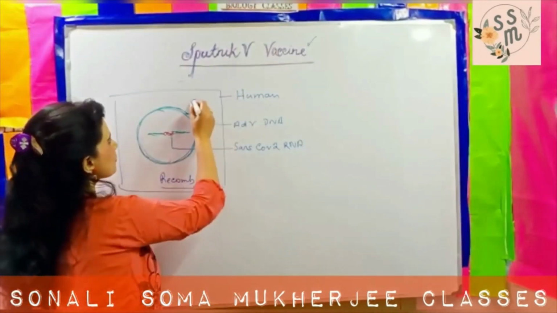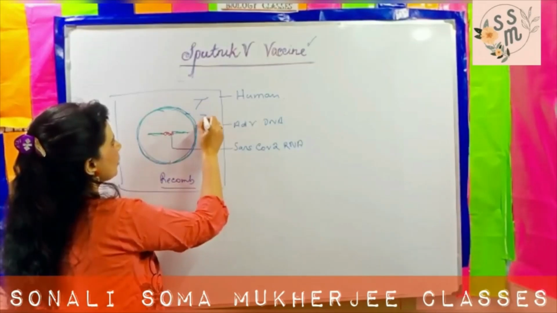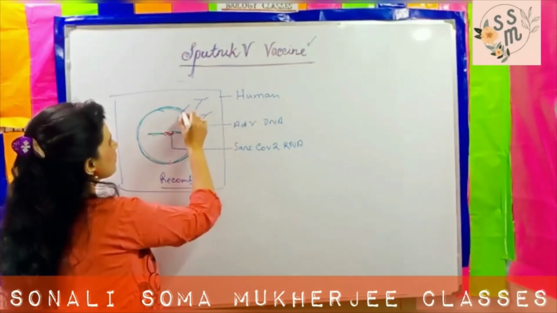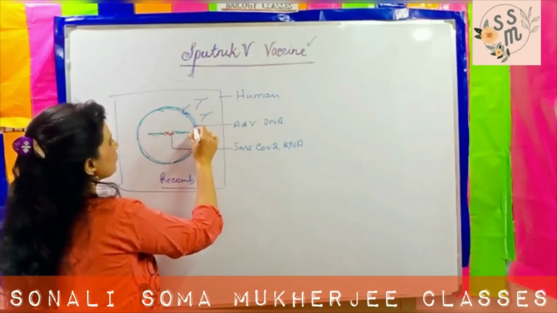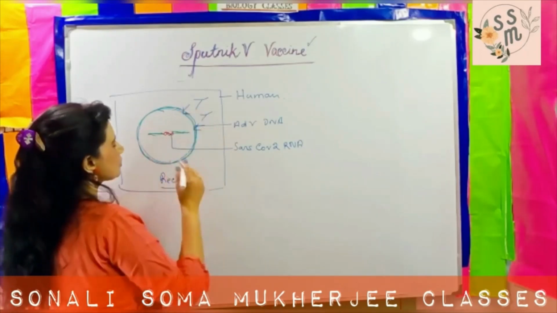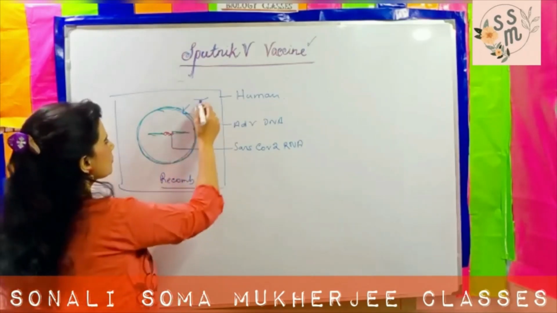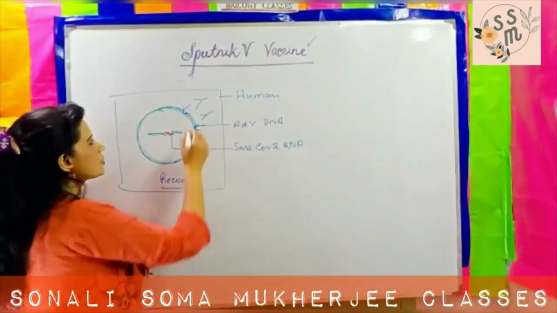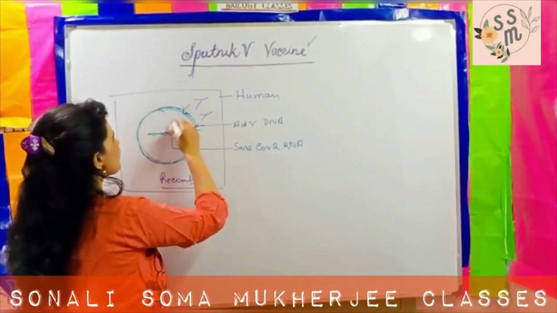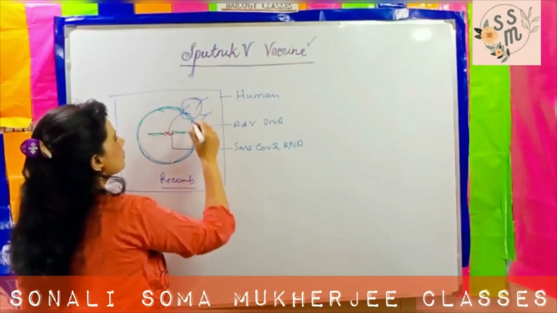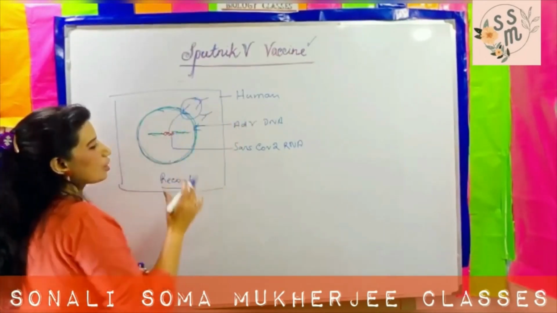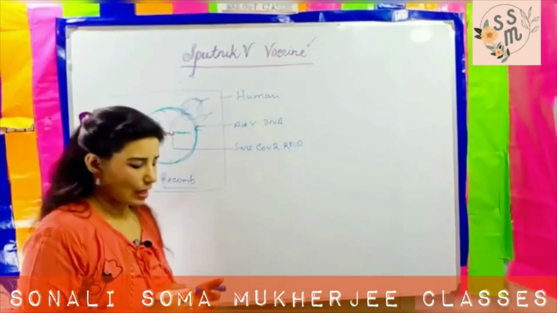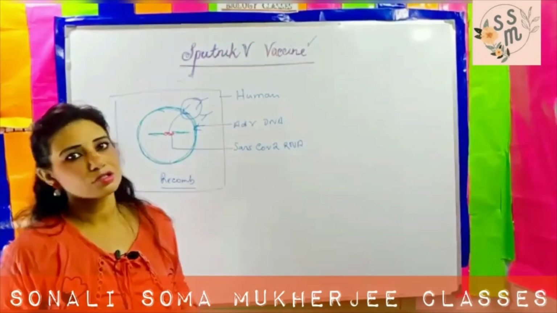These antibodies, let me represent it like Y, will be attacking this virus, the spike proteins. These are proteins, and these antibodies will be binding onto the proteins and killing the SARS-CoV-2.